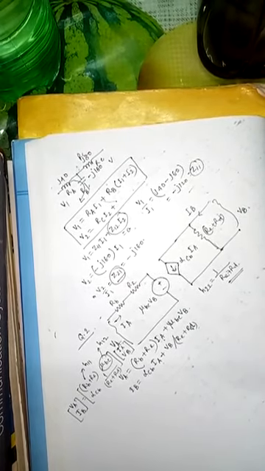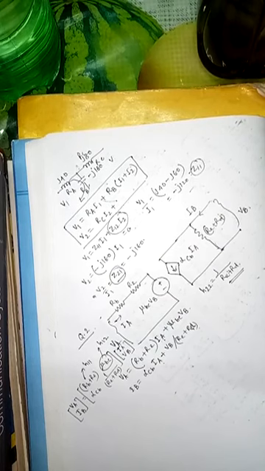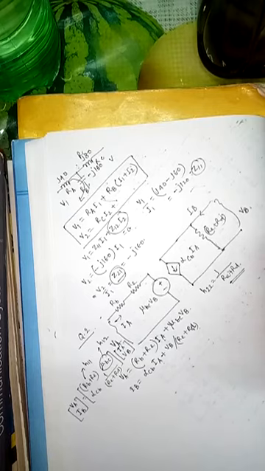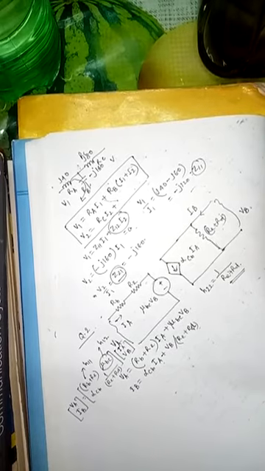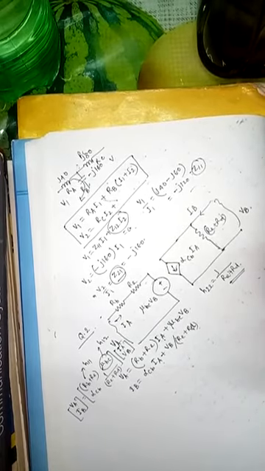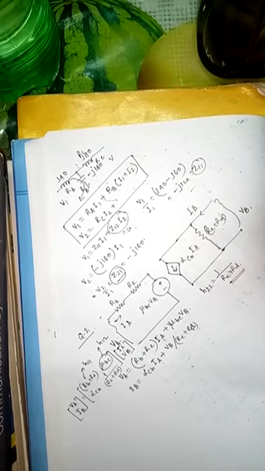So in this way, many more examples are there. You have to solve them using these parameters. It is not necessary that you use the H parameter to solve. If you have in-depth knowledge of Z parameters and Y parameters, then for any problem you should find which parameter is easiest for you to apply.